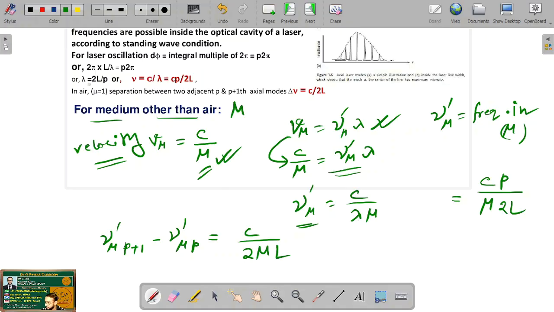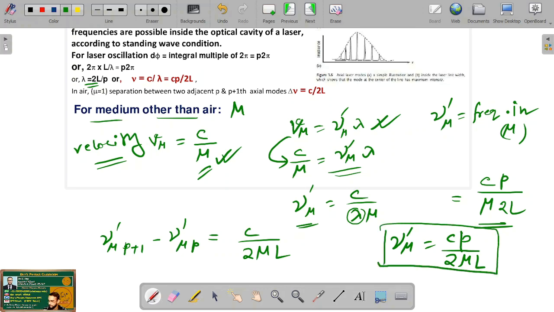Again, according to the condition of modes in the axial direction, lambda would be 2L by p. So we put the value of lambda here, and then we get Cp divided by 2 into mu into L. So we get the frequency in a non-air medium, nu prime mu equals Cp by 2 mu L, that means c, the speed of light in free space, into the integer p, divided by 2 into the refractive index into the length of the axis of the optical resonator. So this is the frequency we got for mu not equal to 1.